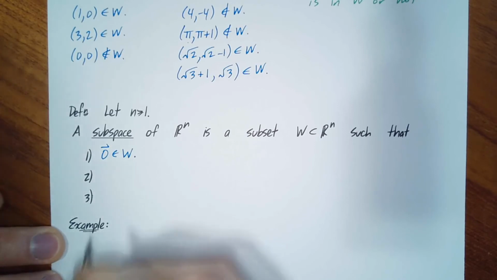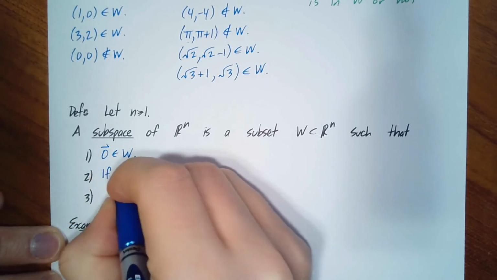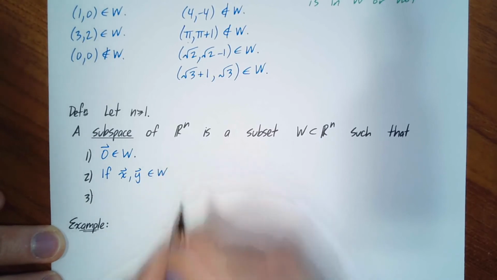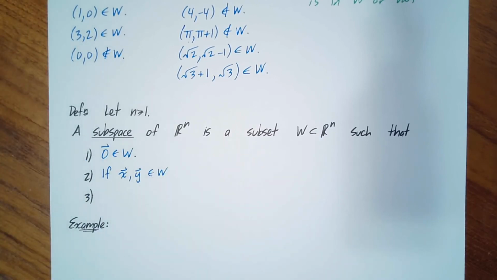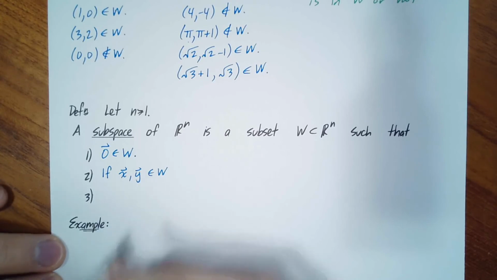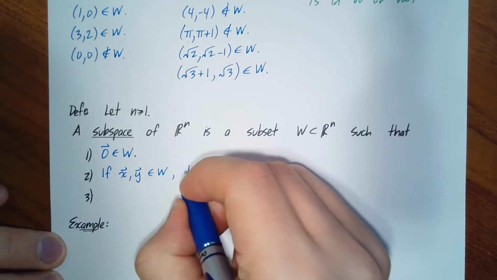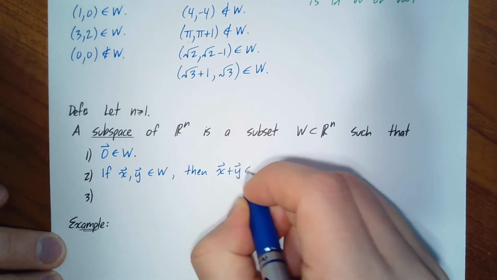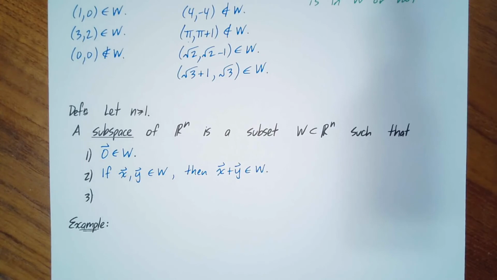So if the vectors x and y, which are just two labels that represent any potential vectors in W, are in W, then if you add them together, the sum had better also be in W. So that is condition 2.